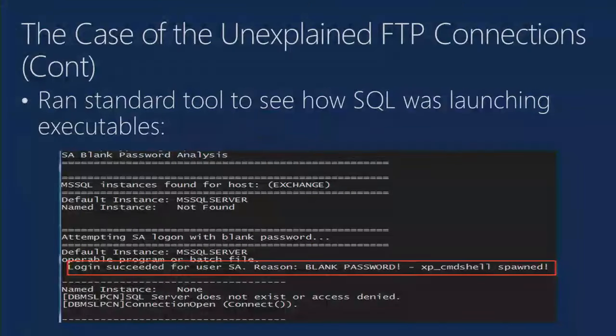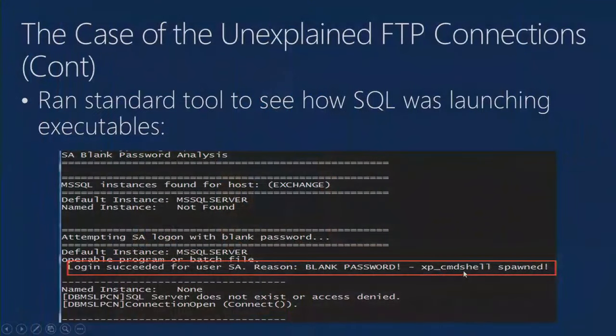So at this point, what the support guy did was take a look at the SQL security profile, using a standard script that asked, hey, can I log into the SQL server using anonymous? And sure enough, the SQL admin password was blank, and it was set up so you could use XP command shell and launch something from it.